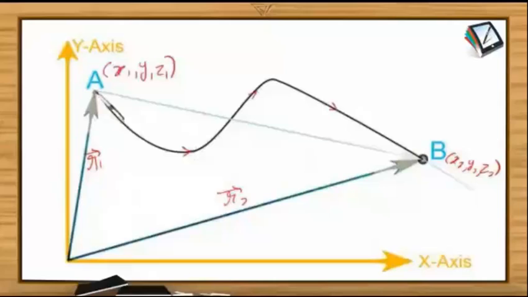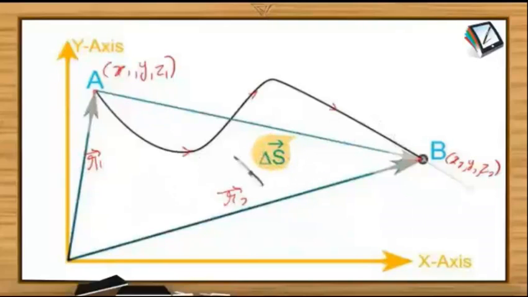And if we join the starting point to the final point with a straight vector which starts from the point A and goes towards the point B, this particular vector is what? The displacement vector. It is the displacement vector of the particle, which can be represented as delta S. Here R1 is the position vector of A, R2 is the position vector of B, and delta S vector is the displacement vector.